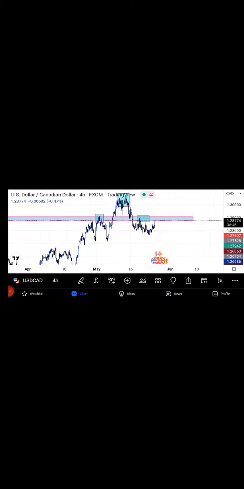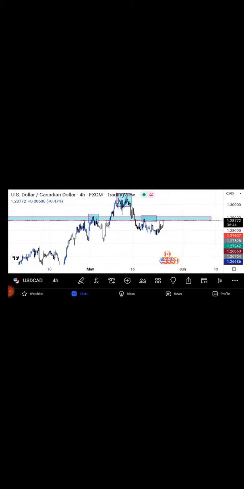Right, if I take this as my head and shoulder, now this trade will only be valid if the market breaks below this point for a sell.